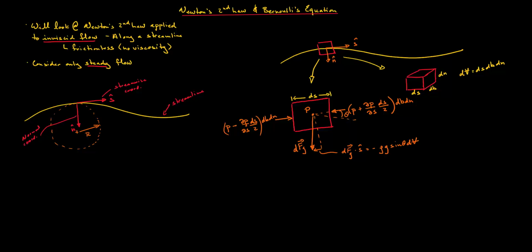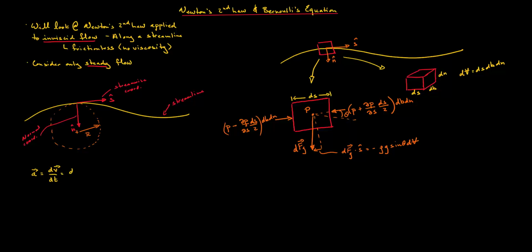So we're going to be looking at Newton's second law. Sum of the forces is equal to the mass times the acceleration. So let's look at the acceleration of a particle. The acceleration a, what is it going to be? It's the time rate of change of the velocity vector. And so here we have an SN coordinate system.